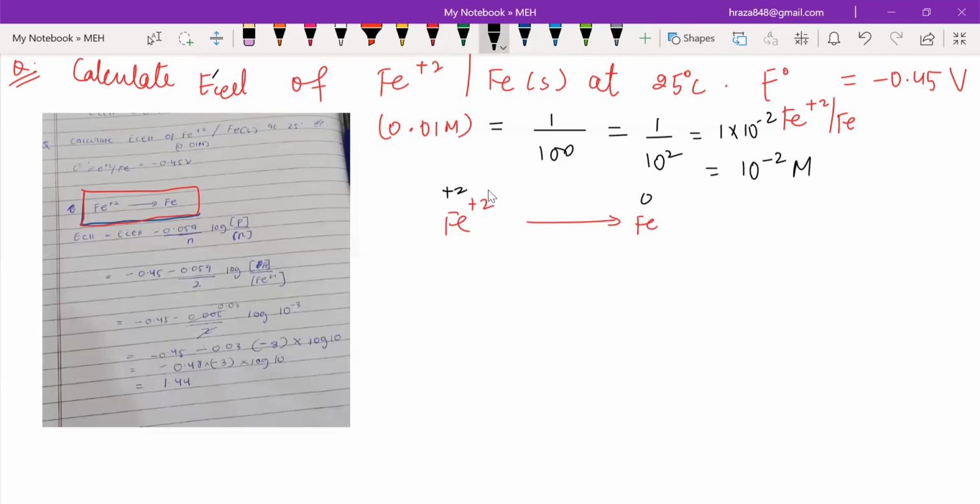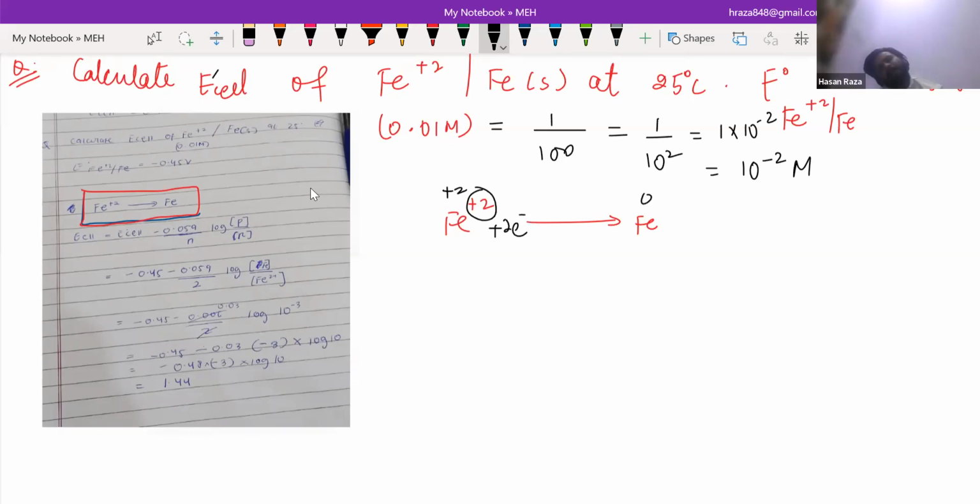Plus 2 to 0. Did it gain electrons or lose electrons? Gained. Whenever the oxidation state decreases, always remember it has gained, and whenever it increases, it has lost. So the first mistake is here: you didn't write plus 2 electrons.